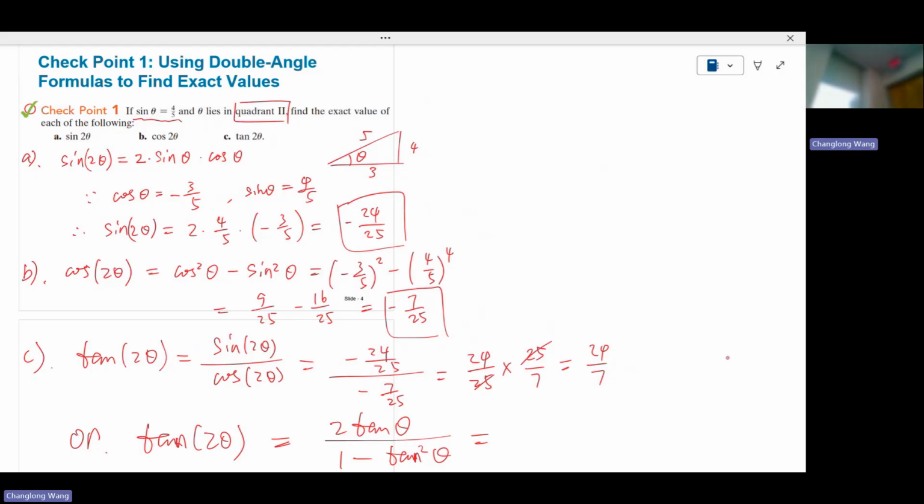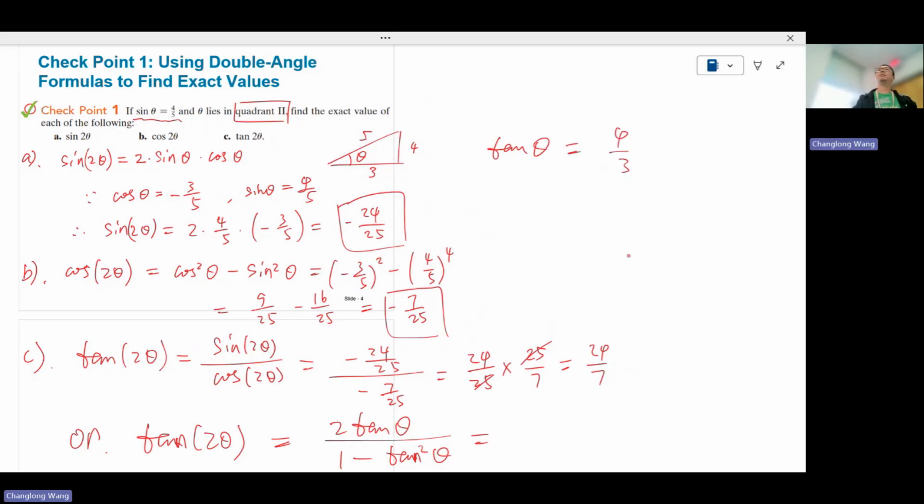You don't have to do it, but can you tell me how much tangent theta is, based on the same sketch? Yes, what is it? You take the opposite over the adjacent, which for this one is 4/3.